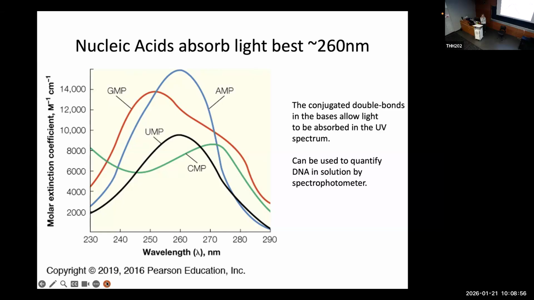So the 260-280 ratio will tell you how much nucleic acid to proteins you have, and that will tell you if your sample is contaminated with protein. Ideally, you want DNA or RNA that's pretty pure if you're running an experiment with it. And so we'll talk more later about why amino acids and proteins absorb light at 280. But those are the two numbers you might think. Questions on that?